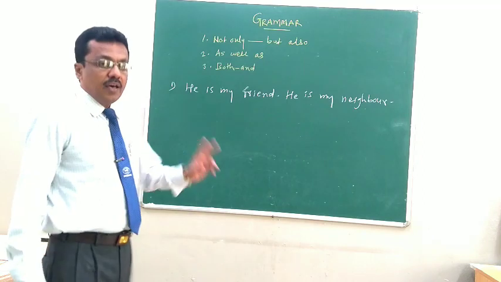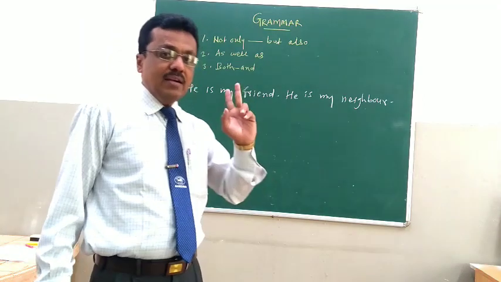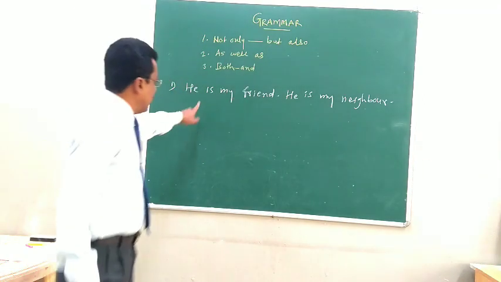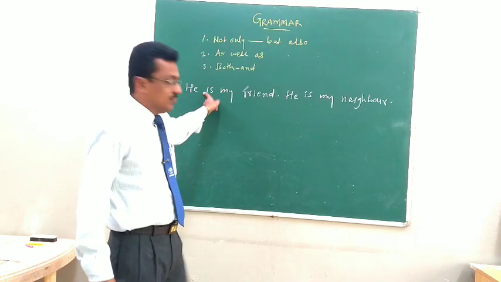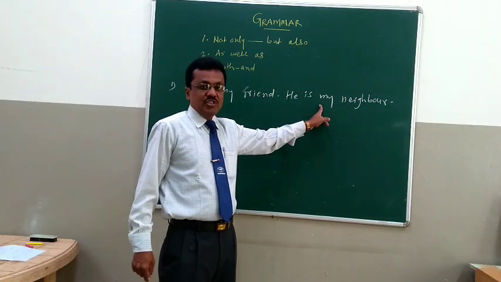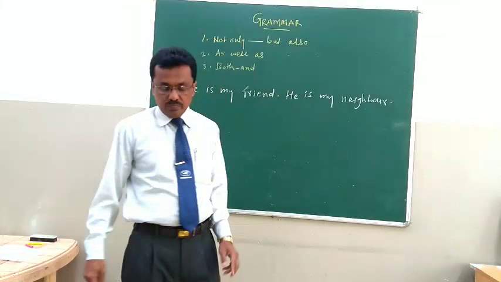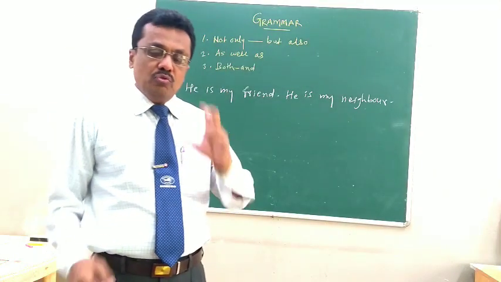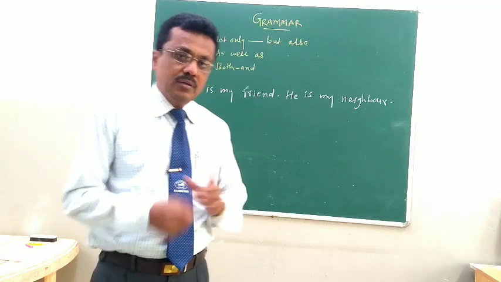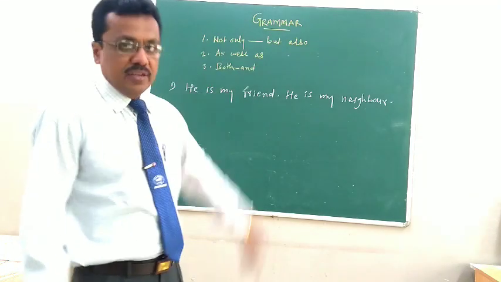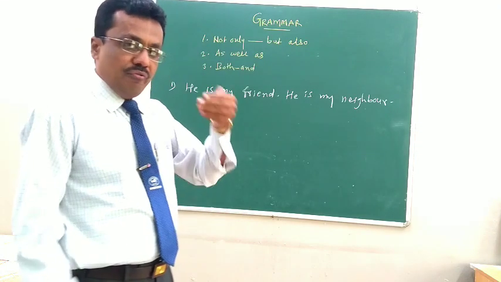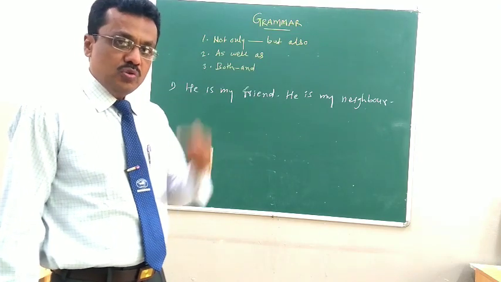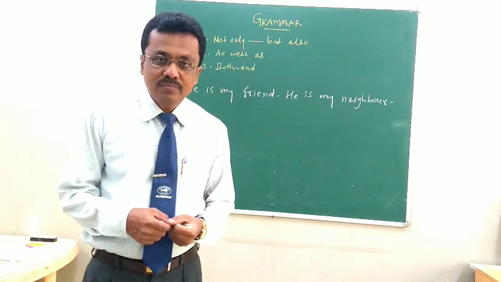Students, there are two independent sentences. One, he is my friend, and another sentence is, he is my neighbor. These two sentences, we have to make into one by using not only but also. So first, we will use not only but also.